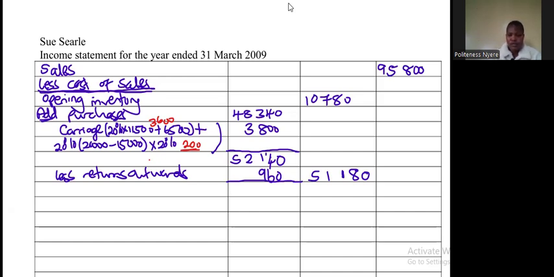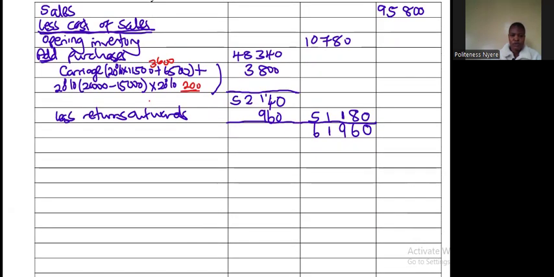Now we are supposed to add the amount on top for the inventory. So if we add the 2, we get a 0, a 6, and then a 9, and then a 1, and a 6. So 61,960. That is the answer that we have there.